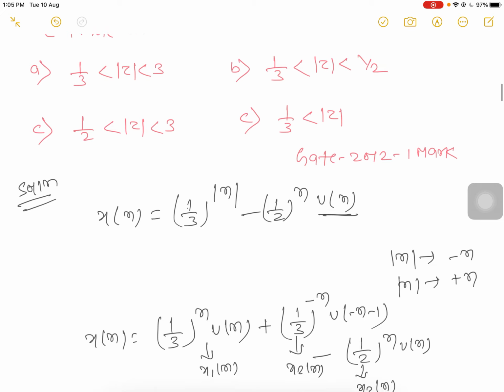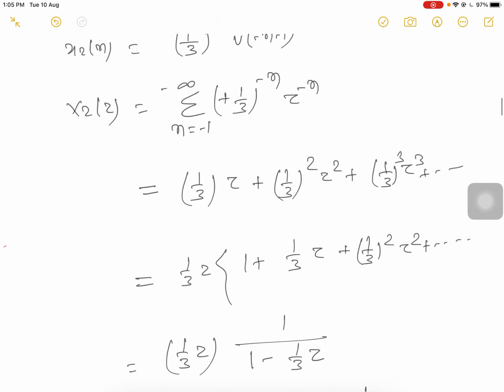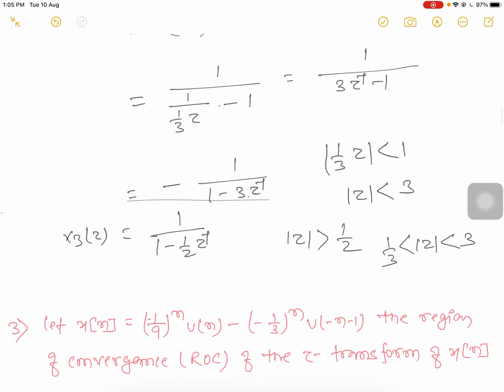So, I'll show you. 1/3 and 1/2. The common ROC will be the intersection.